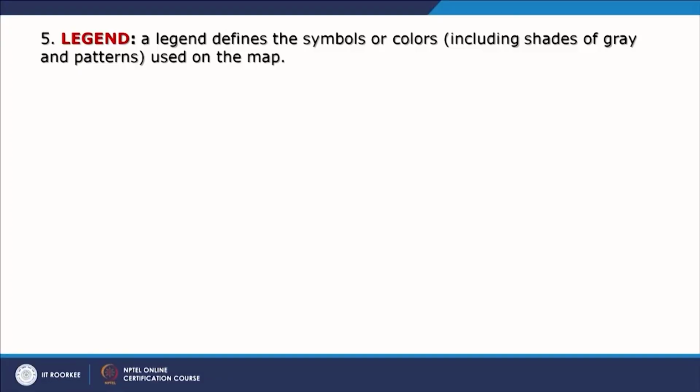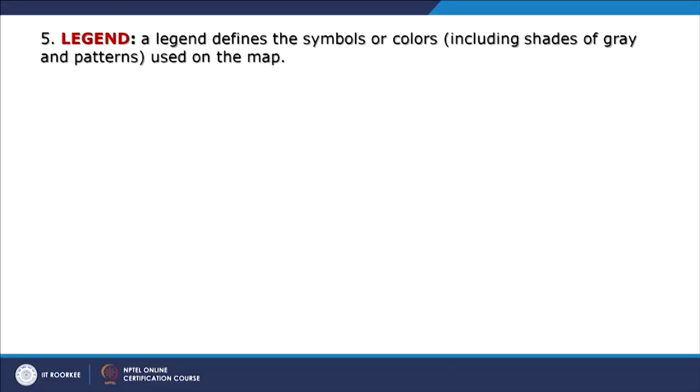Now the fifth key element of a map is the legend. There are two terms people use sometimes interchangeably: one is legend and the other is index. A legend defines the symbols or colors, including shades of grey and patterns used on a map.